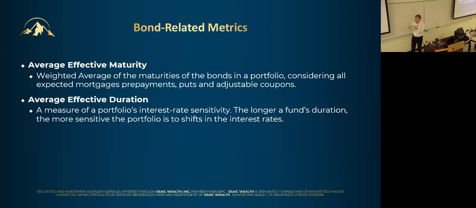So that coupon or interest rate or yield is going to bring down the maturity to the number that's called duration. And what duration practically is going to end up meaning is interest rate sensitivity. The longer a fund's duration, the more sensitive the portfolio is to shifts in interest rates. So if you've got really long maturities and a really low interest rate, your duration stays really high, which means that as interest rates change, your bond's going to move up and down a lot.